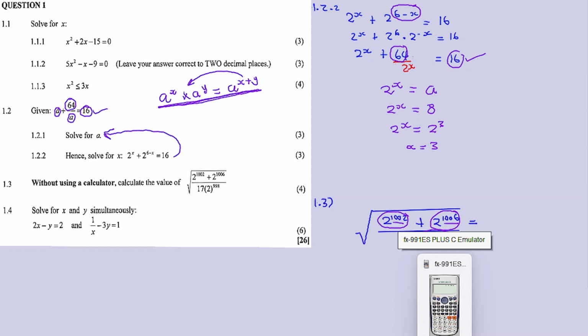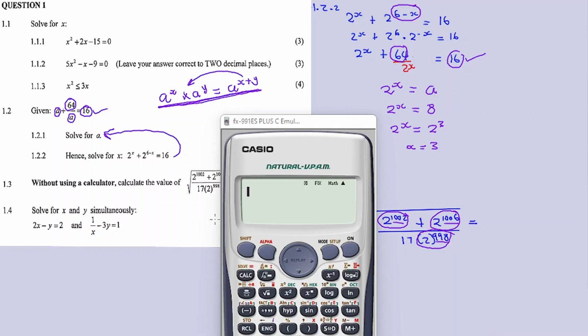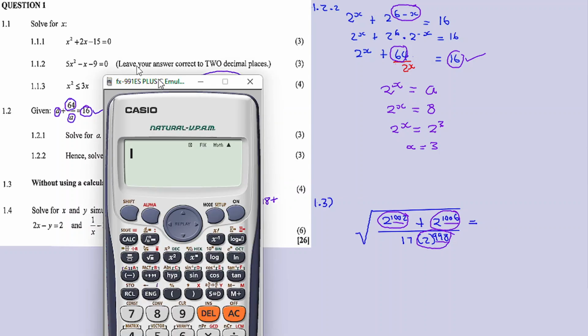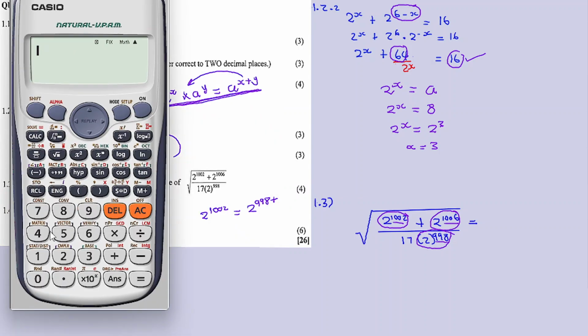I mean, for instance, 2 to the 1002 is going to be equal to 2 to the 998 plus something, right? Let's see, what is 1002 minus 998?